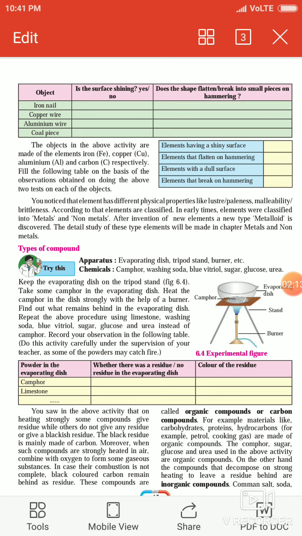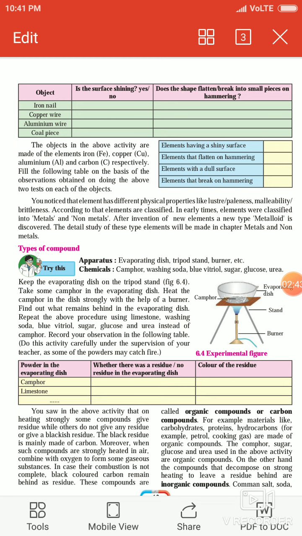You saw in the above activity that on heating strongly, some compounds give residue, the leftover burnt product, while others do not give any residue. Camphor doesn't give residue, and vitriol doesn't give residue, but the remaining things give us a burnt substance which is known as a residue.